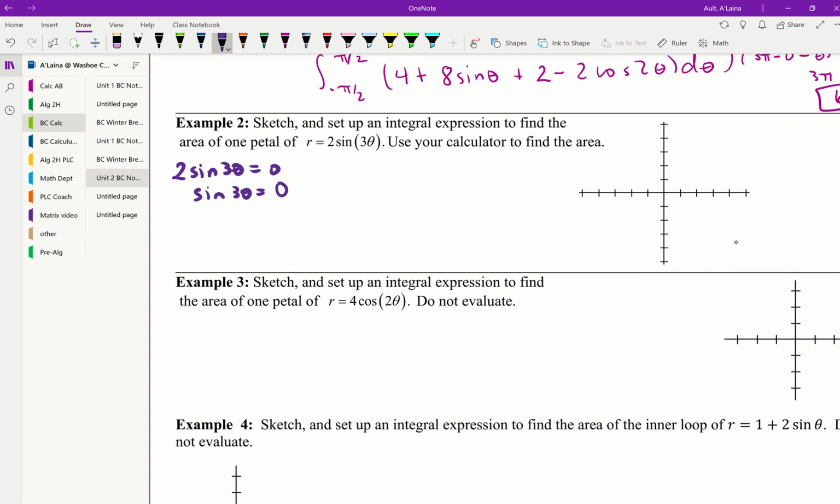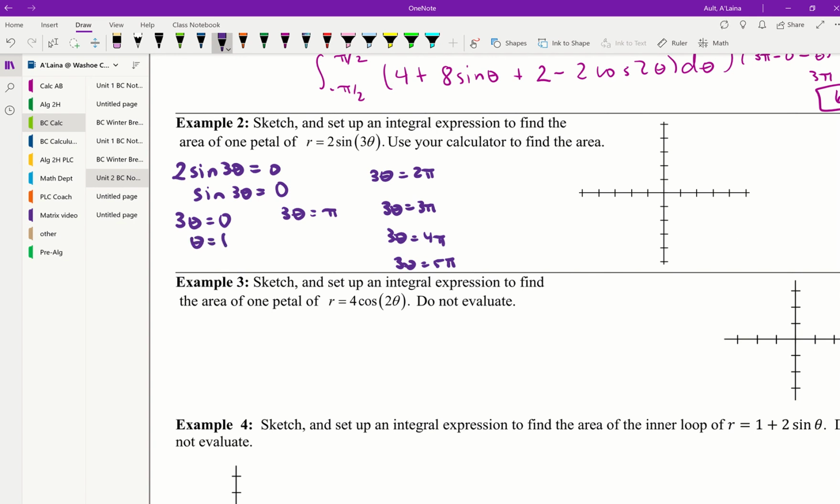Well, sine is equal to 0 when the angle is at 0, when the angle is at pi. Now I'm going to go around the circle a couple times, 3 times to be exact. When the angle is at 2 pi, when the angle is at 3 pi, when the angle is at 4 pi, and when we're at 5 pi. All right, so my petals are going to be zeroing back around here.